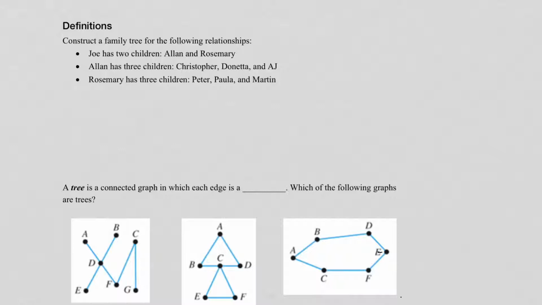So in reading this context here, we have Joe, and Joe has 2 children, Alan and Rosemary. And then it says that Alan has 3 children, so we're going to create 3 more branches of the tree.